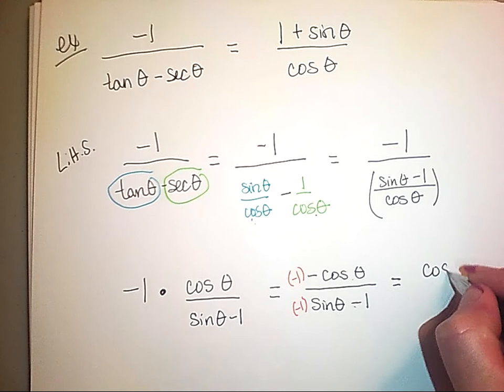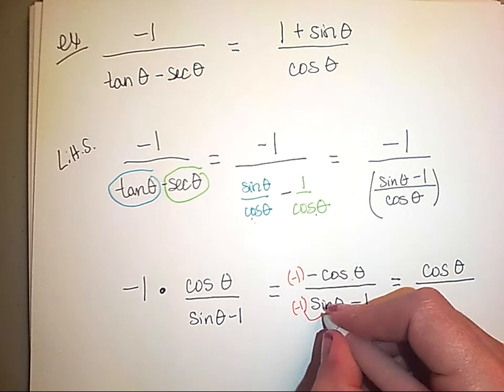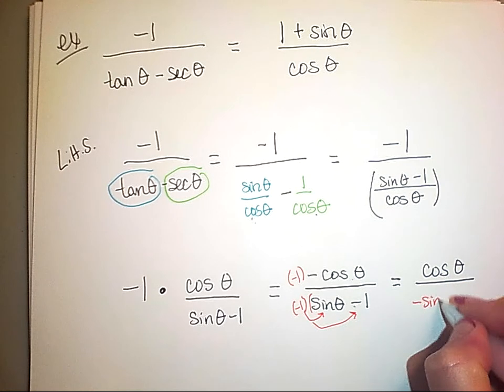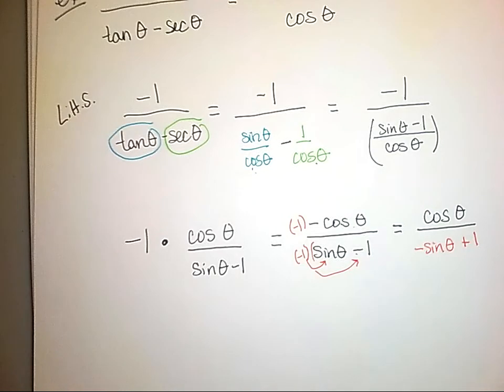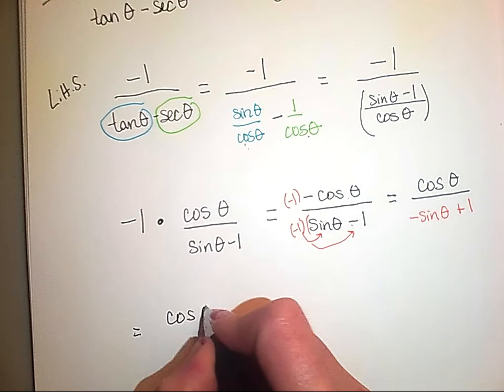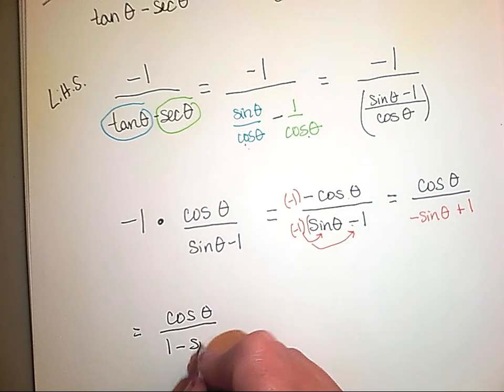So up top, that will give us a positive cosine of theta. And down below, we're going to have to distribute this, right, to both places. So we'll get minus sine of theta plus 1. That still didn't help us too much, but let's look at it a different way. This is the cosine of theta over, these two will commute, 1 minus the sine of theta.